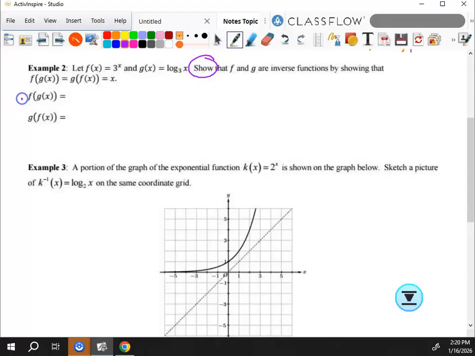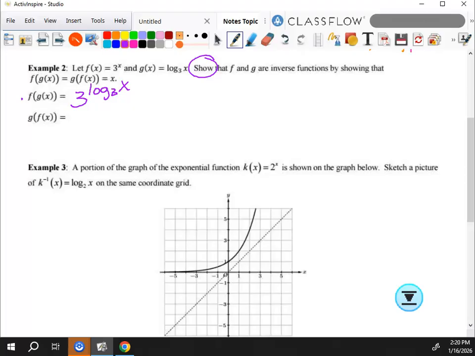So we're going to start with f of g of x. I'm going to take g of x, put it in here. That means I get 3 to the log base 3 of x power. So that log base 3 of x is all up there in the exponent.